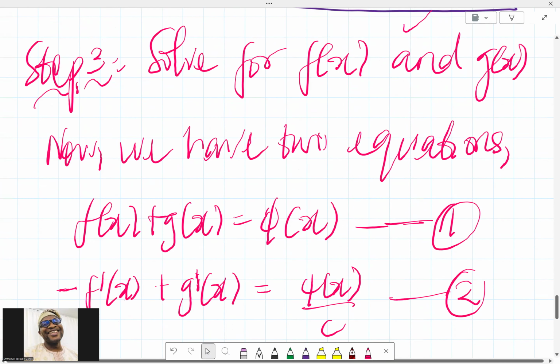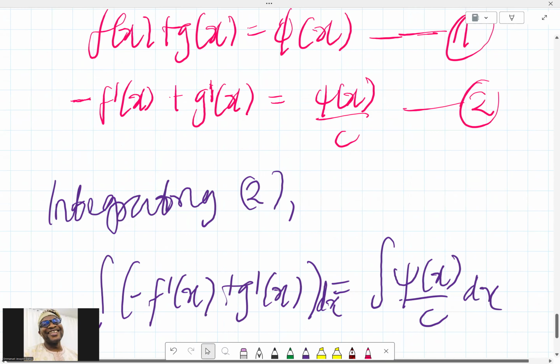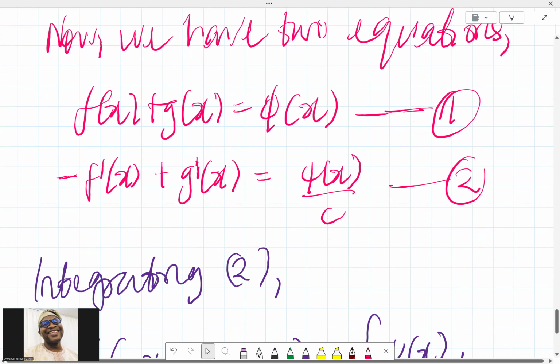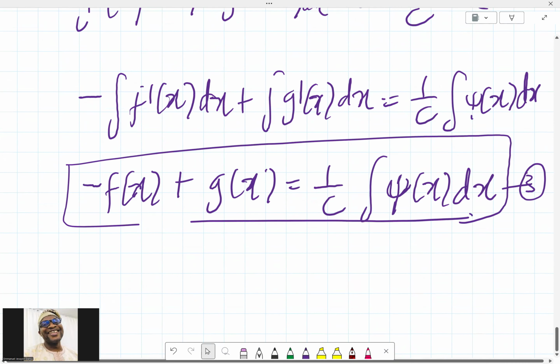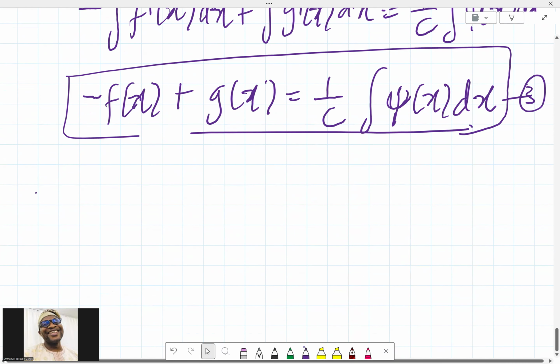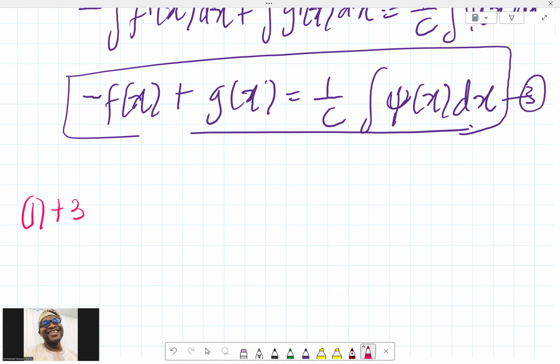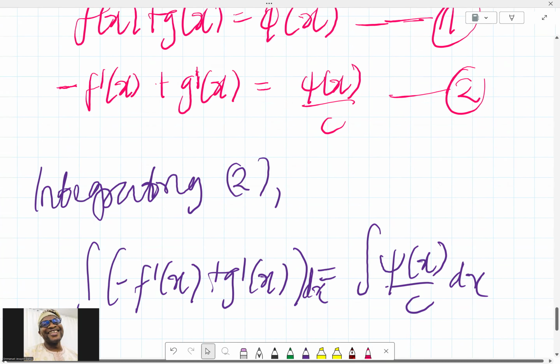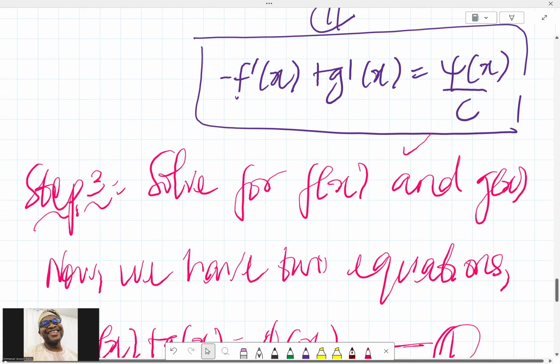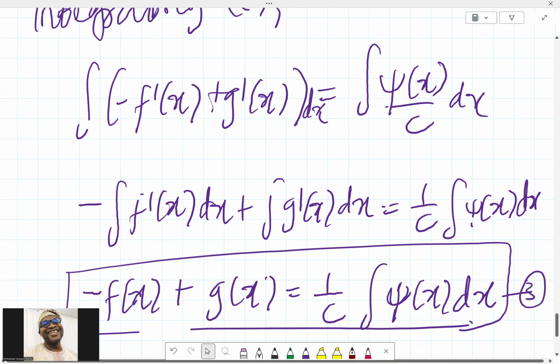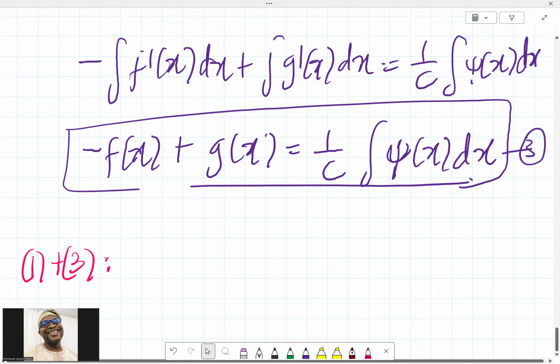So it's clear this is positive and this is negative. If we add them together, we can easily get our g, and then we can move on from there. So equation 1 plus equation 3 means that we have f of x minus f of x, that's 0. And then we have g of x plus g of x.